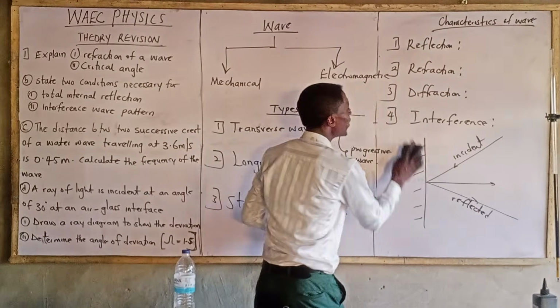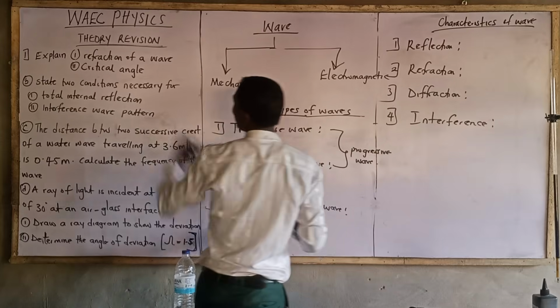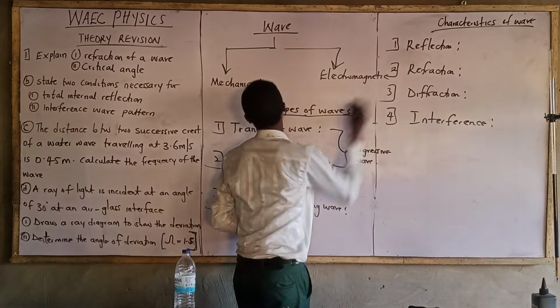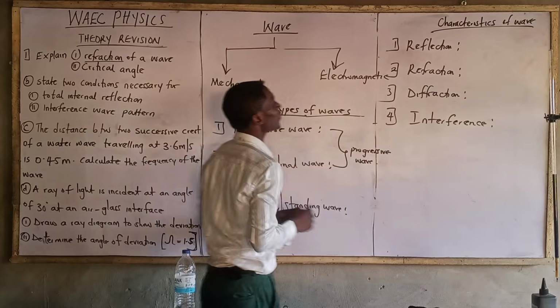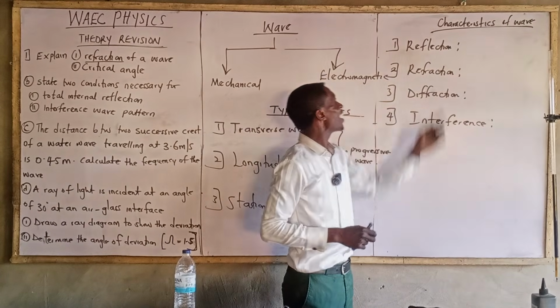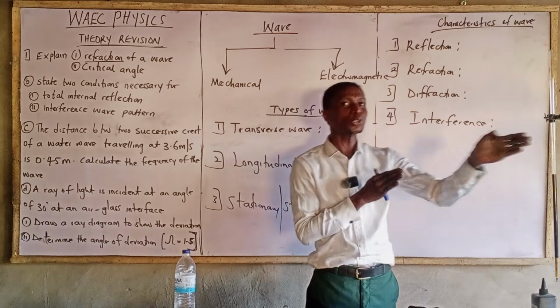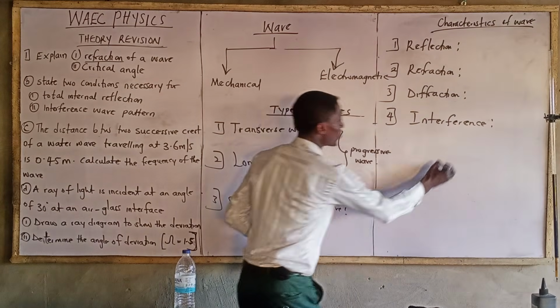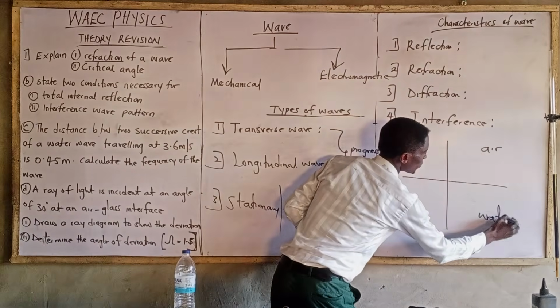Now let's see what refraction is. I'll take us through this, then I will solve this in a moment. That's exactly the first question here: we have to explain the concept of refraction. In reflection there is a bouncing back, but in refraction there is a passing through, with a change in direction. For example, you have an interface, perhaps air to water.